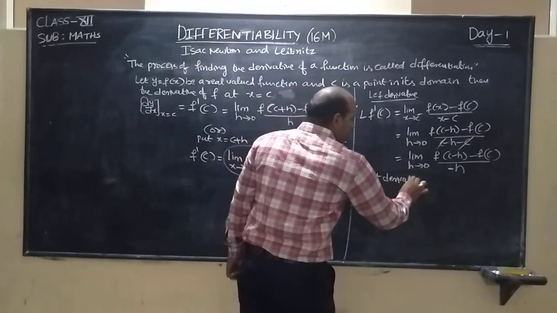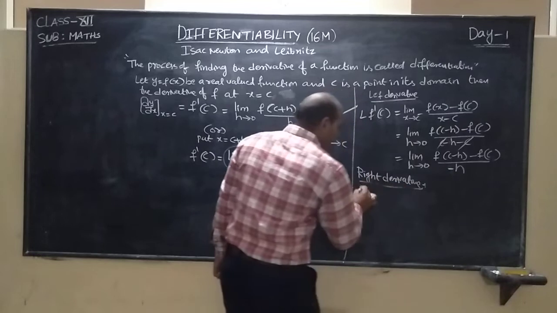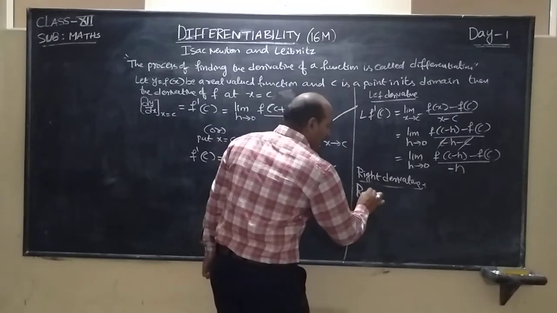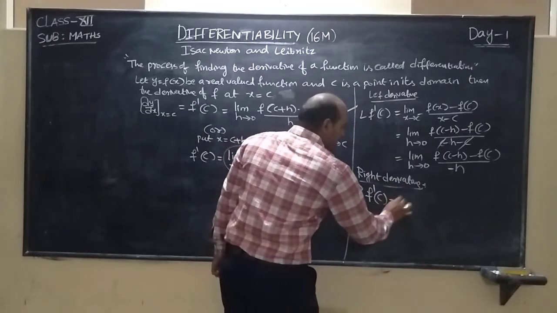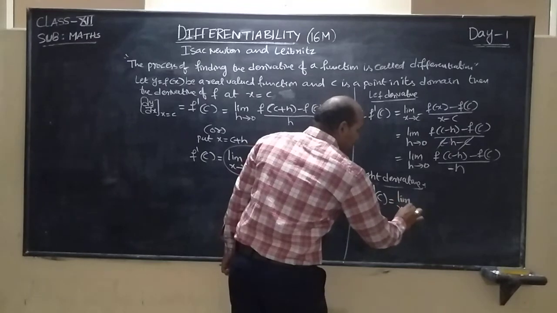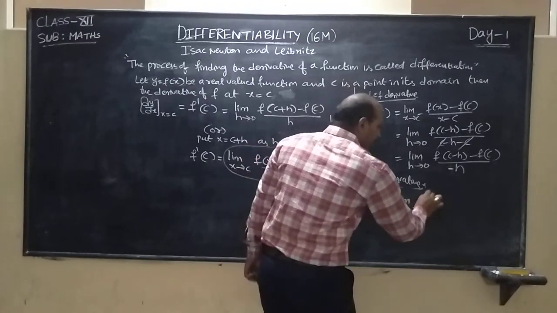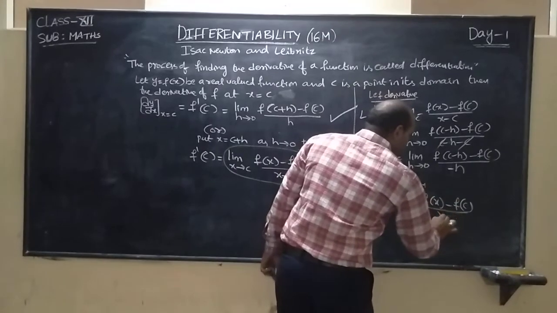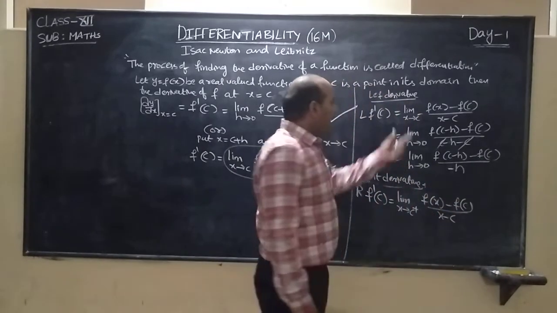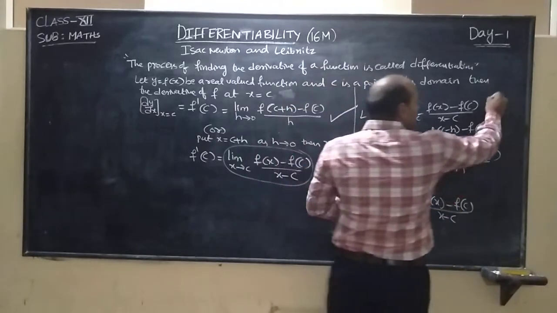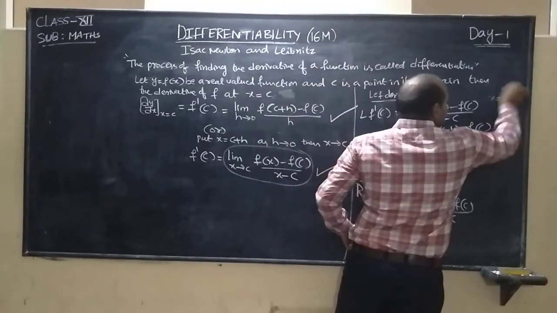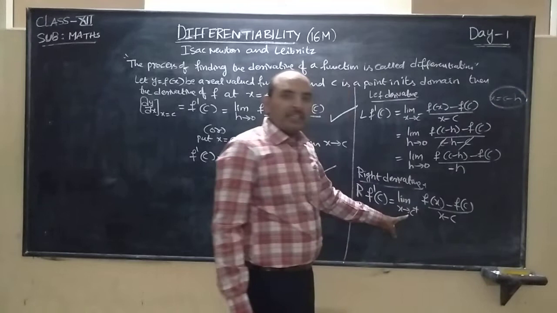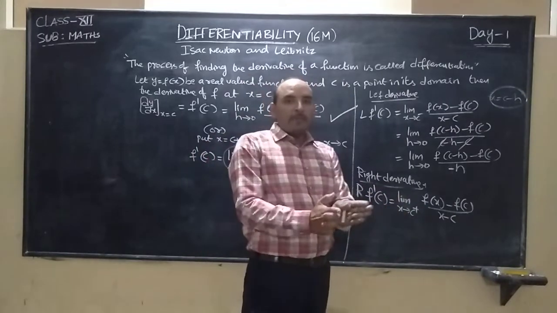The right derivative of the function is always denoted by capital R, f dash of c, which is equal to limit x tends to c plus, f of x minus f of c upon x minus c. Here, for the left derivative we took x is equal to c minus h. Same thing here, x is equal to c plus h, because it is the right side of the point c.